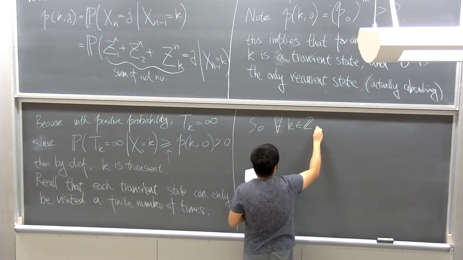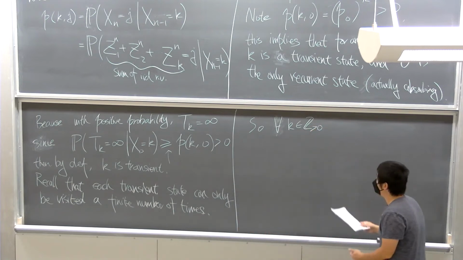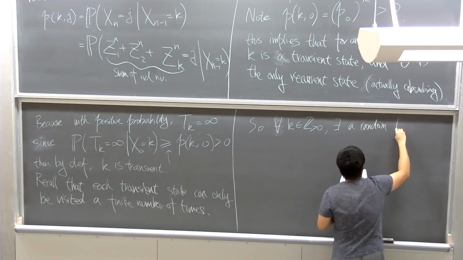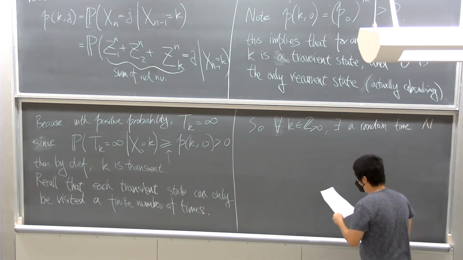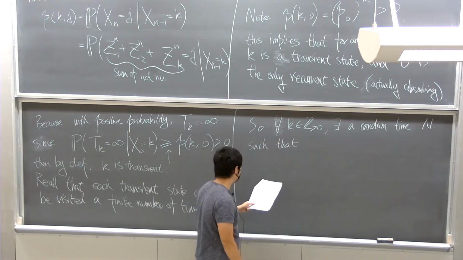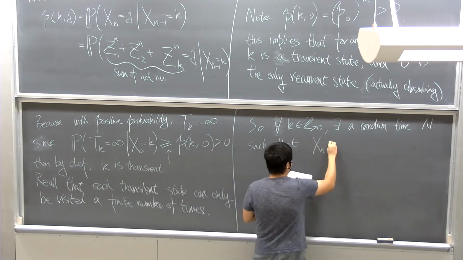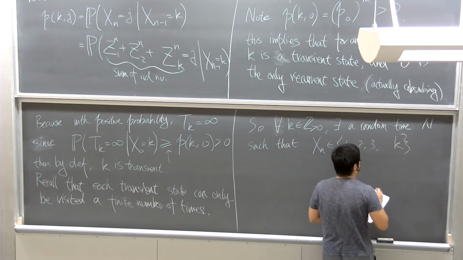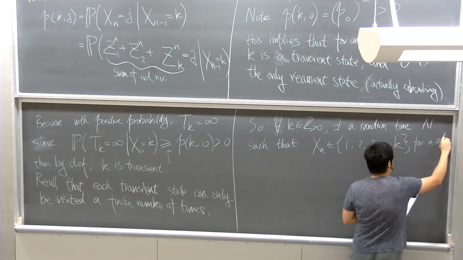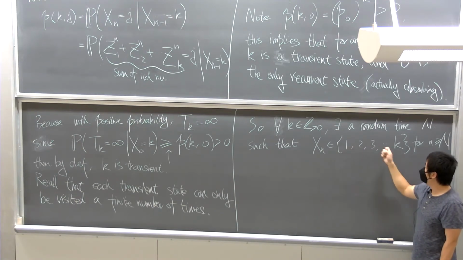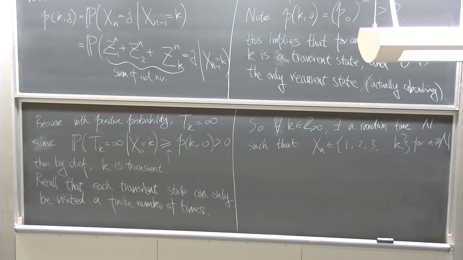For any k in the positive integers, there exists a random time, call it N, such that X_n cannot take the values 1, 2, 3 all the way up to k for n greater than this random time N. This is simply because 1, 2, 3 up to k are all transient states, so the Markov chain can only visit each one of them finitely many times.